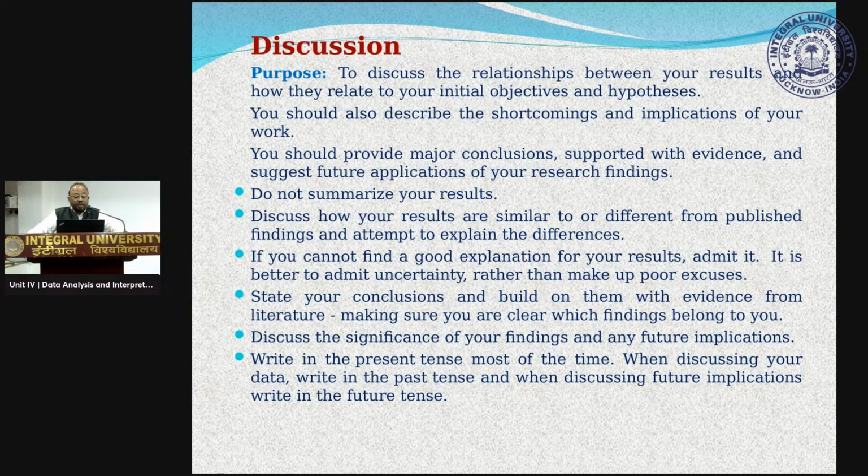It is better to admit uncertainty rather than make a poor excuse. So you should be very fair in this and state your conclusions and build on them with evidence from literature, making sure you are clear which findings belong to you. Discuss the significance of your findings and any future implications as part of this discussion chapter.